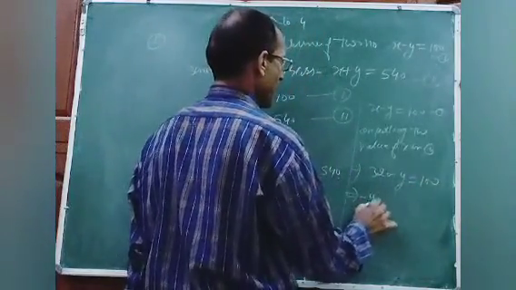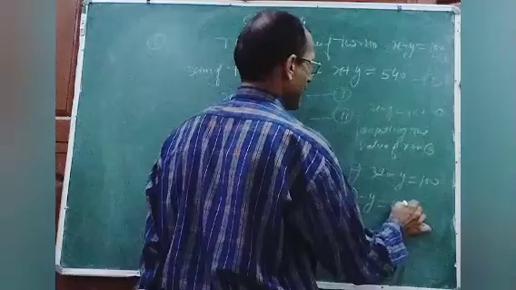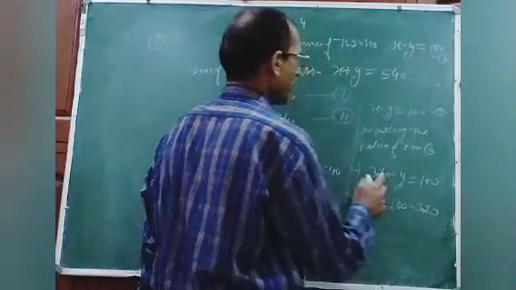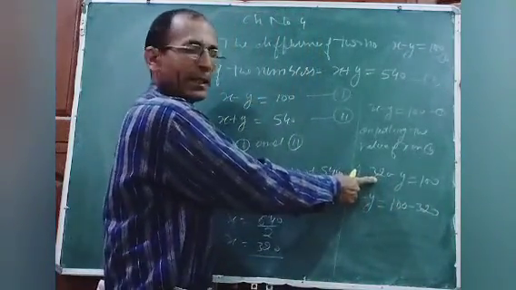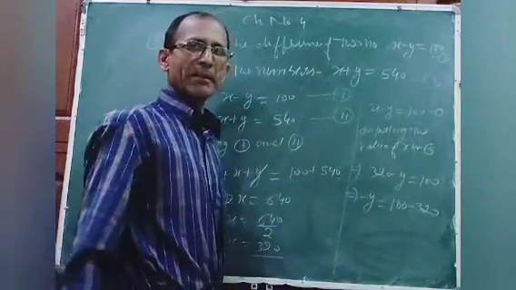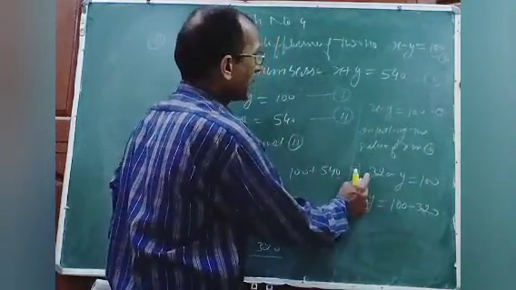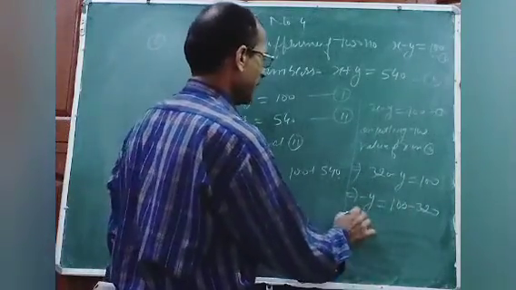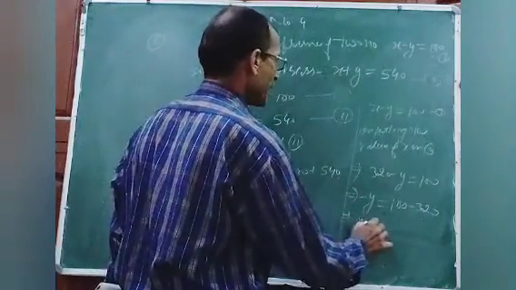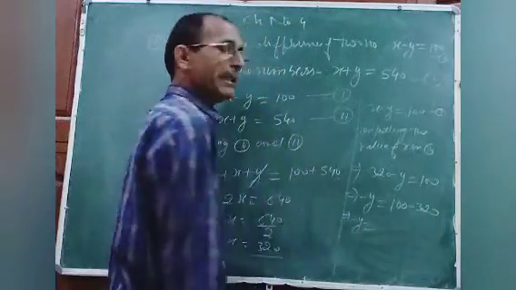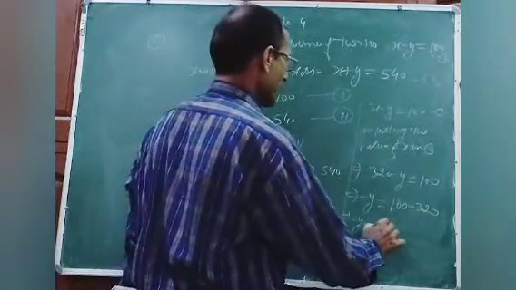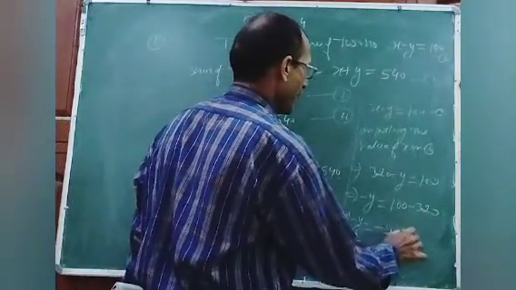So minus y is equal to 100 minus 320, because when I shift 320 to that side, sign will be changed. So now 100 was already there, now 320 becomes minus 320. So minus y is equal to minus 220.